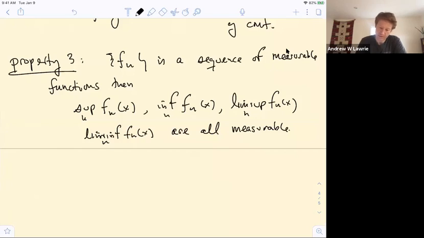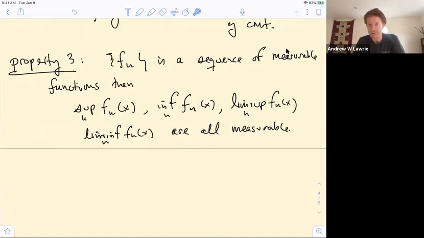Similarly, you could pick any x, look at all the fn x's as a sequence, and take the lim sup of that sequence, which always exists, right? If we allow it to take values in the extended reals. This yields another function in the extended reals, and that's measurable if all the fn's are measurable.